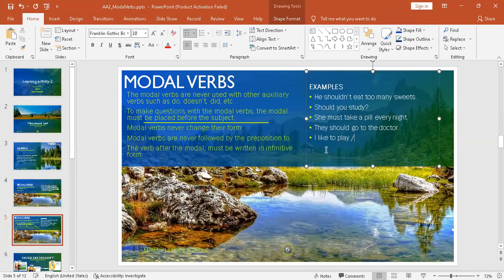Cuando yo coordino dos verbos en inglés, yo siempre los tengo que, de alguna forma, poner pues con el to, con la partícula to. I want to play, I want to buy, I want to dance tonight, I want to eat out, I want to have, okay, pero all these examples are with want.